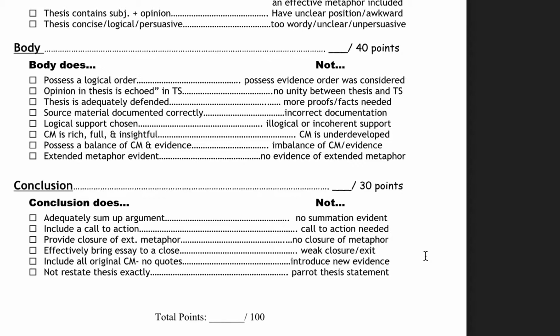Again, these are worth 5 points each, and I'm going to be looking to see if you have a logical order as you are discussing and explaining the events that Scrooge went through to get to the end result of being a changed person.